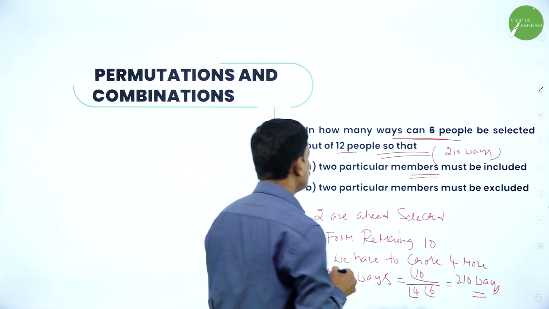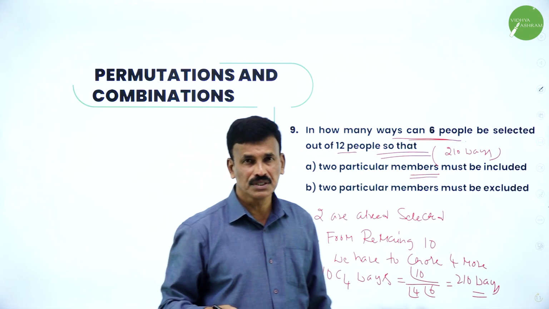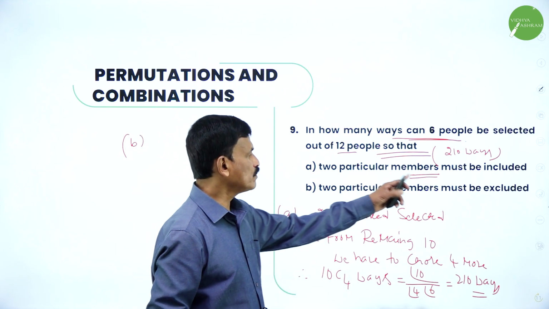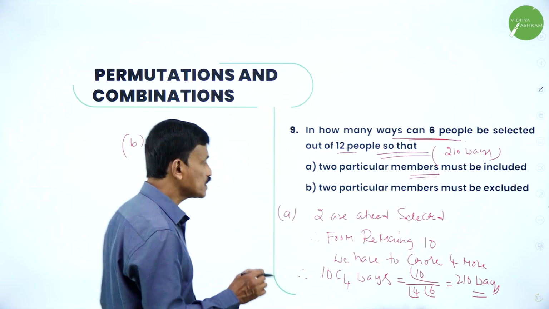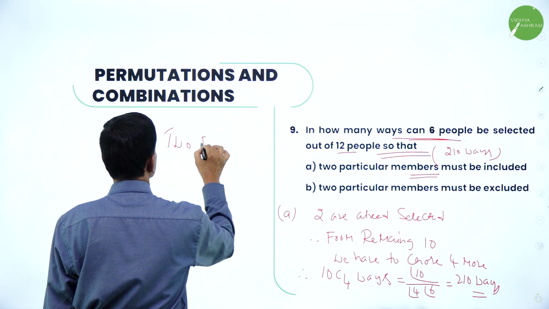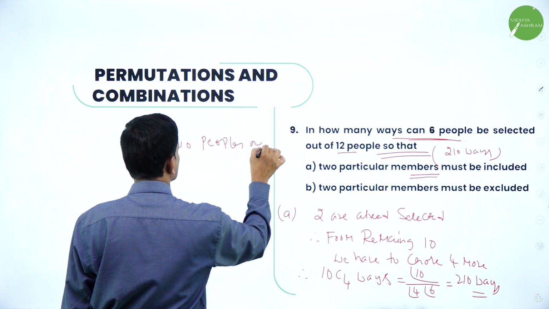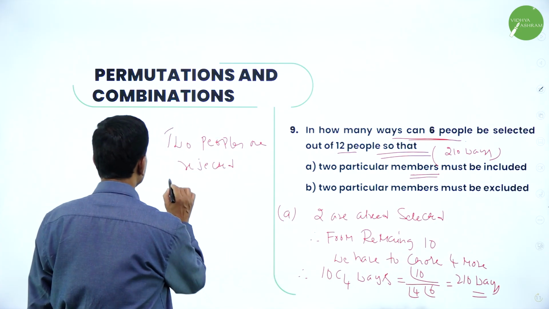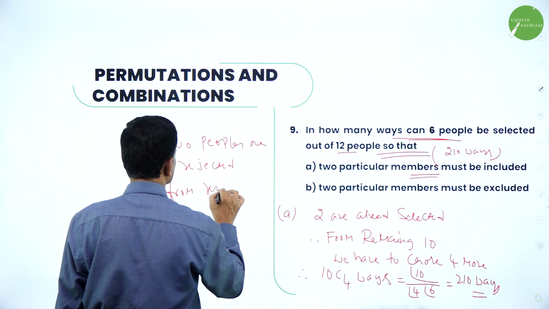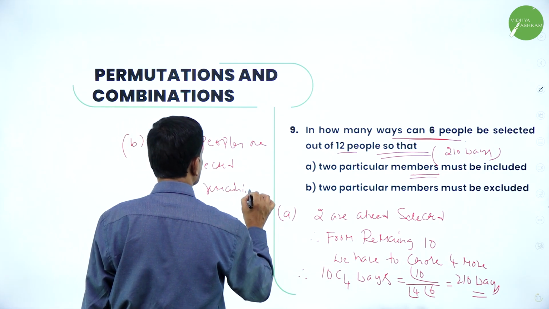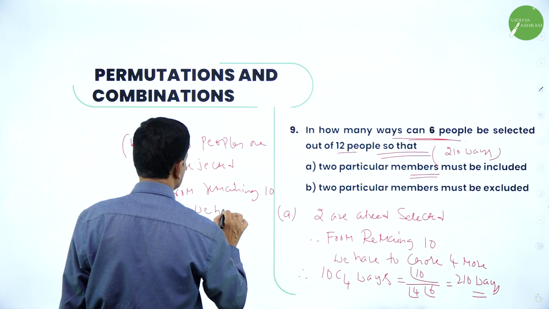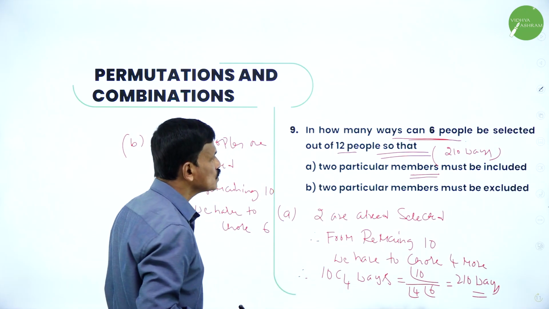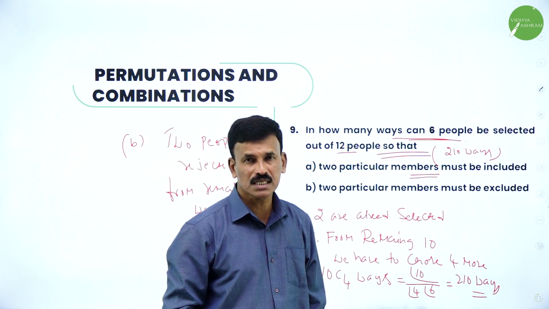And the second, 2 particular members must be excluded. Now case number 2. 2 particular members are excluded means 2 people are rejected. So from the remaining 10, we have to choose 6.